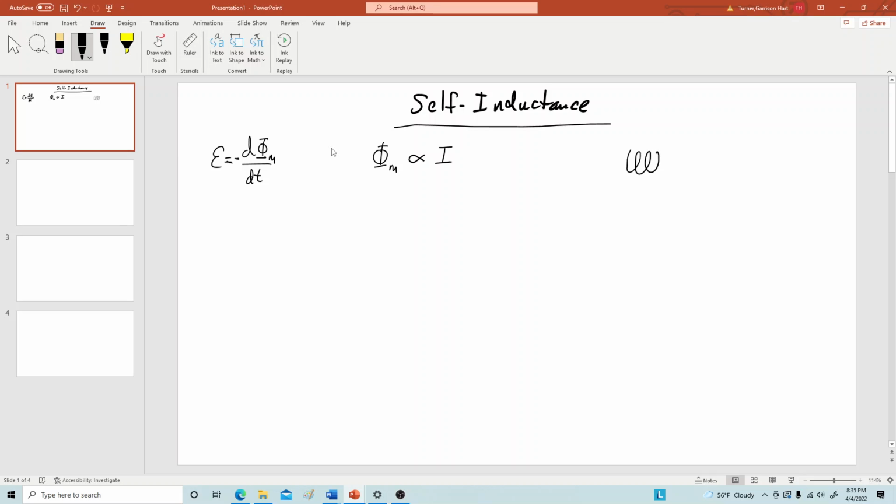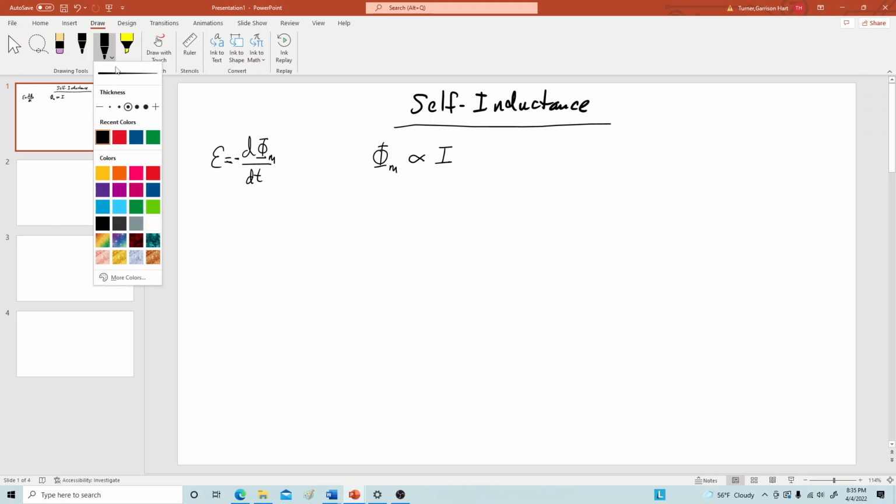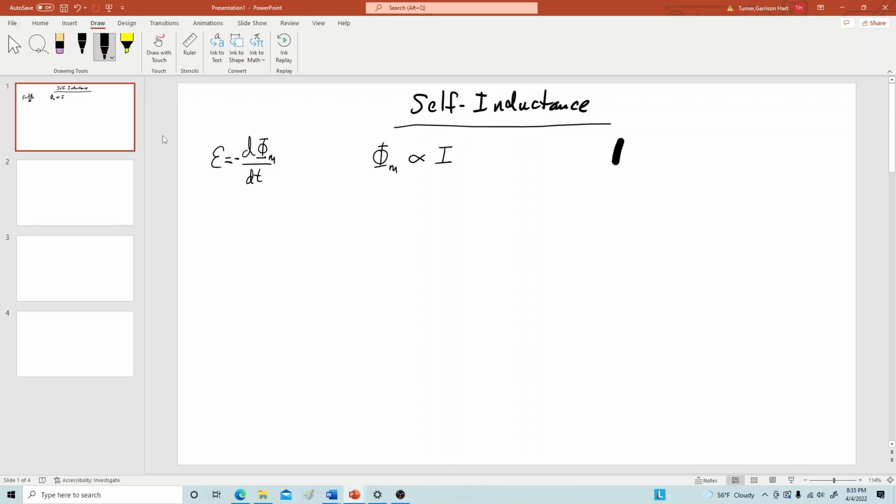So if I have, and let me actually draw it like this. Let's use a thicker one, even bigger.